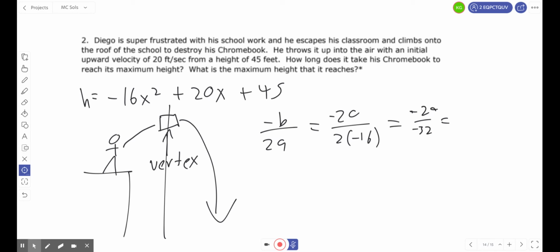Those are both divisible by 4, so 5/8. The negatives cancel out. If you put it in your calculator, it is 0.625 seconds. So how long does it take to reach its maximum height? It takes 0.625 seconds.